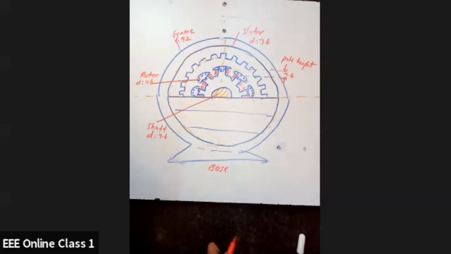And number of poles are 10. So in half section view, we are showing only 5. So this is what is mentioned in the question.